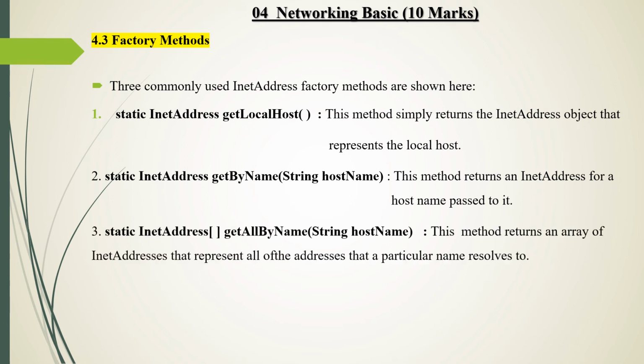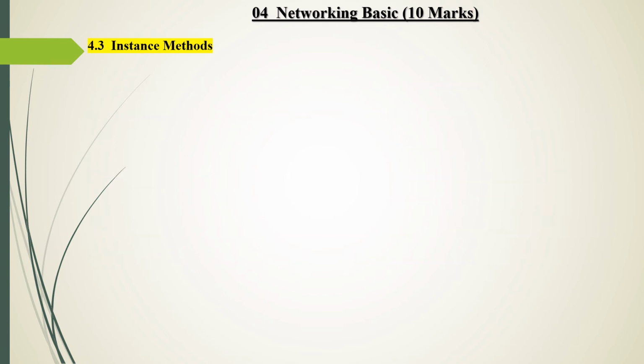The last method is getAllByName. It has the same kind of parameter and returns the InetAddress objects that represent all of the addresses that a particular name resolves to. So these three are the factory methods. All three return an object of the InetAddress class. Factory methods are included in the InetAddress class and used to create objects of the InetAddress class.